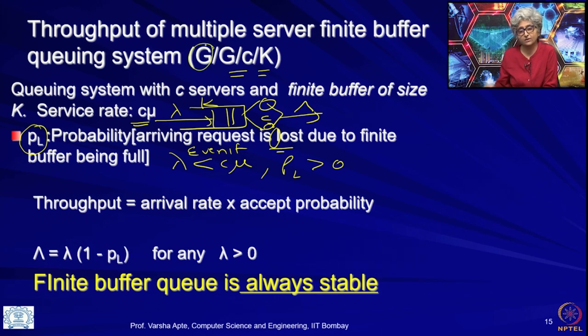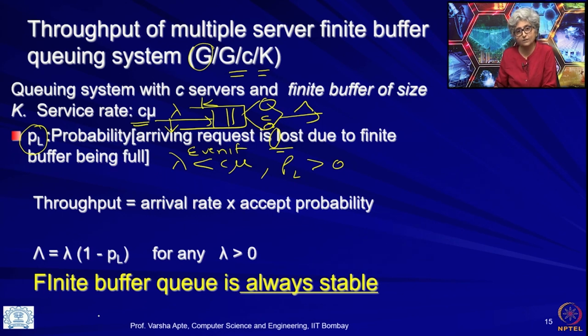It can be that even if the overall arrival rate is less than the service rate, suddenly if too much work comes into a buffer, then requests can drop. Even if the overall arrival rate was less than the service rate, suddenly you can have a burst of arrivals and then the buffer will become full and things can drop. So, we have PL as this probability.